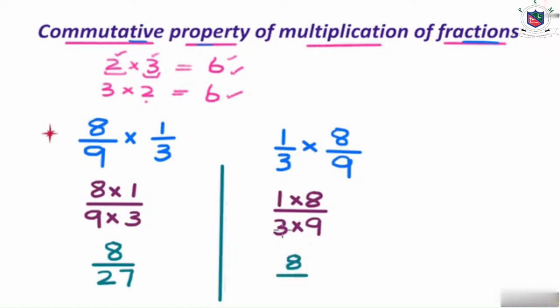So 1 times 8 is 8 and 3 times 9 is 27. Dear students, you can see that even if we change the place of the fractions, the answer will be the same. It does not affect the fractions. Here we changed the place of both fractions and we get the same answer on both sides.